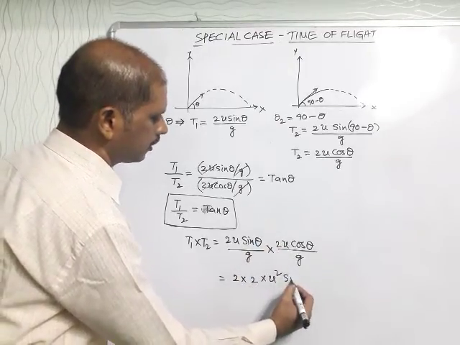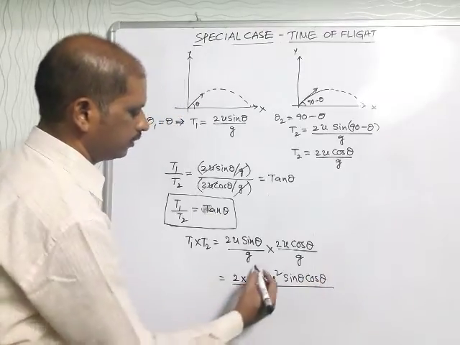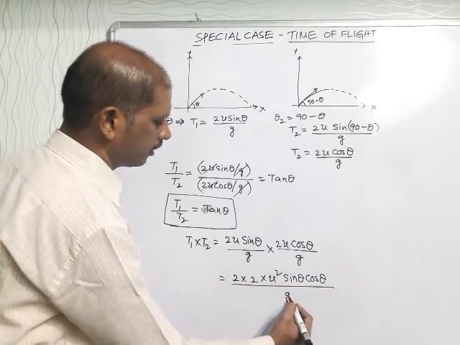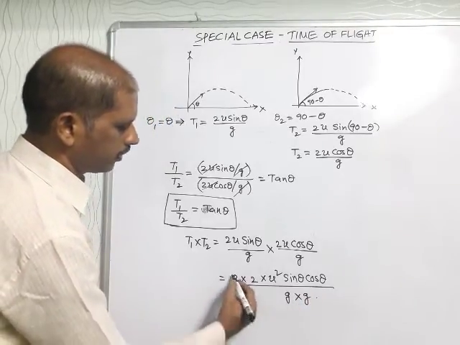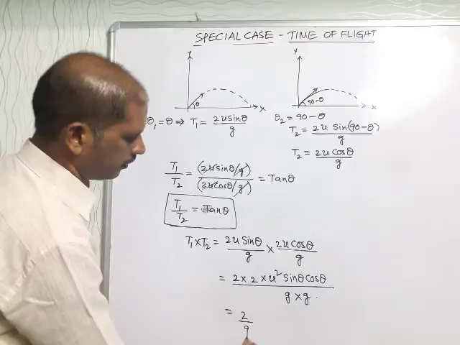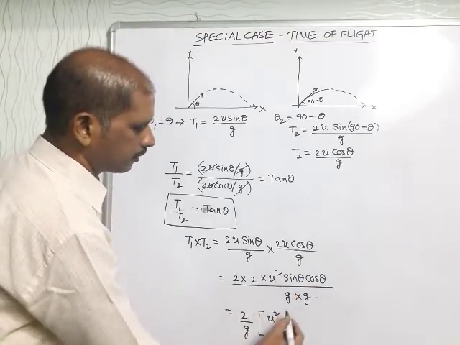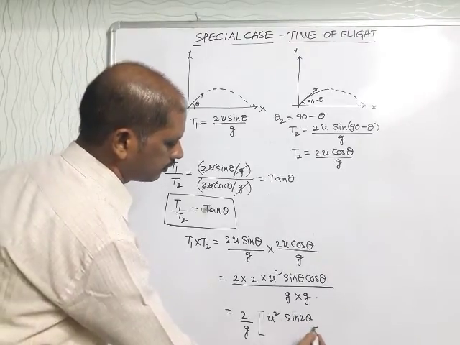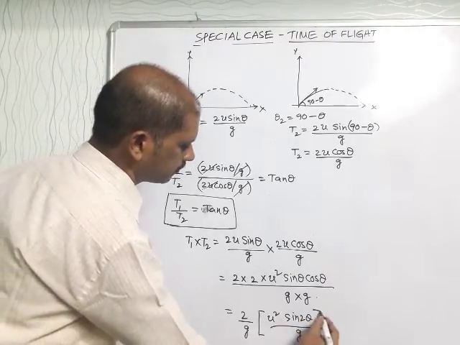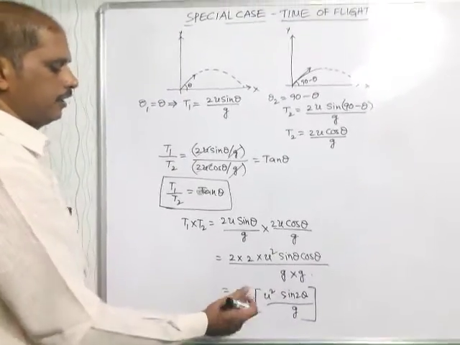This is sin theta into cos theta by g square, g into g. So this is 2, I will write here, g I will write here. This is u square, 2 into sin theta cos theta value, sin 2 theta by g. So u square sin 2 theta by g is nothing but range.